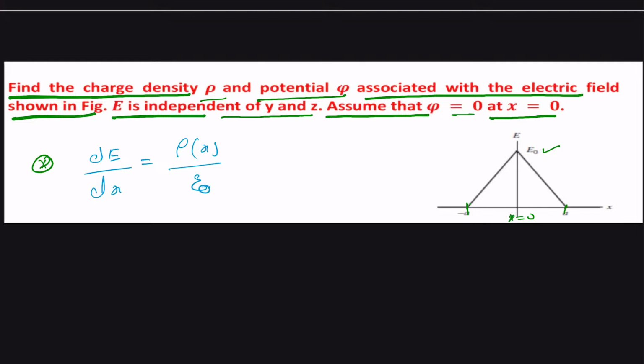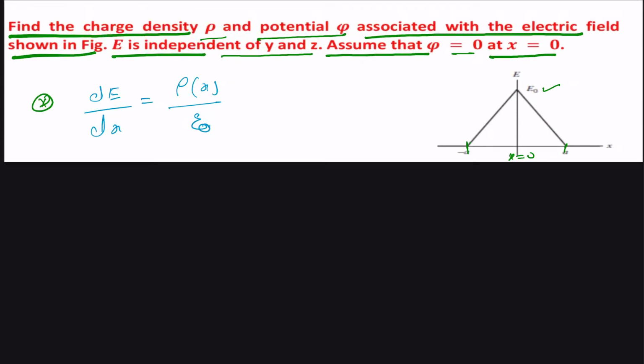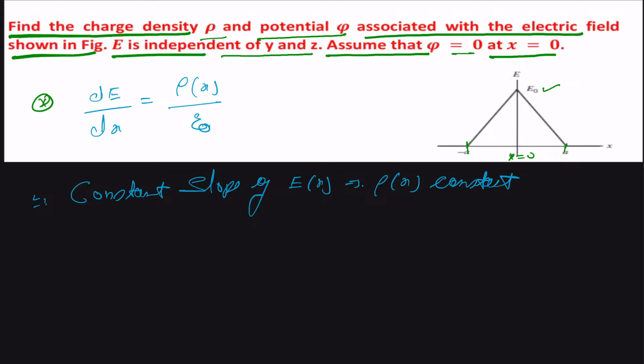Based on this, we can further write from the graph that if we are having a constant slope of our electric field, therefore we can say that our rho of x will be constant in that region.